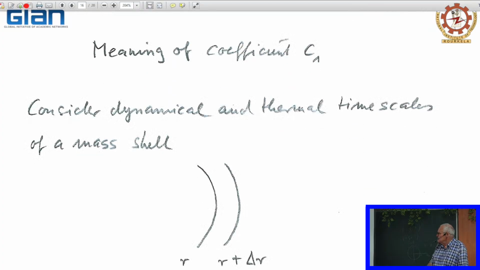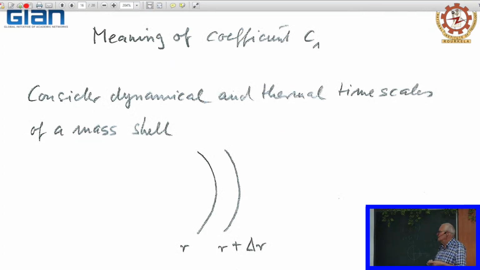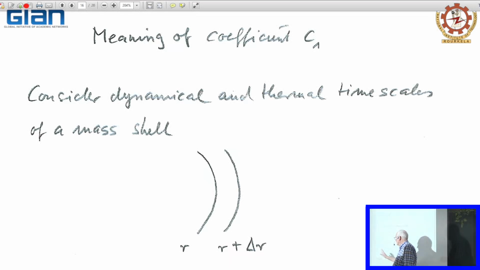Okay, so let's consider now, let's split our star into mass shells. Rather than considering the entire star for defining dynamical and thermal timescale, we consider now a mass shell within our star, which extends from R to R plus delta R. How could we define dynamical and thermal timescale on the basis of a small piece of our star?